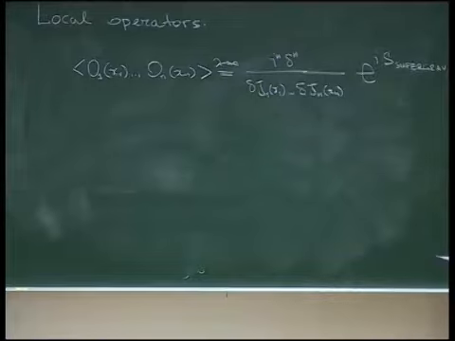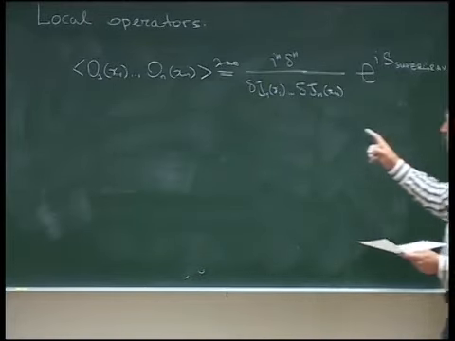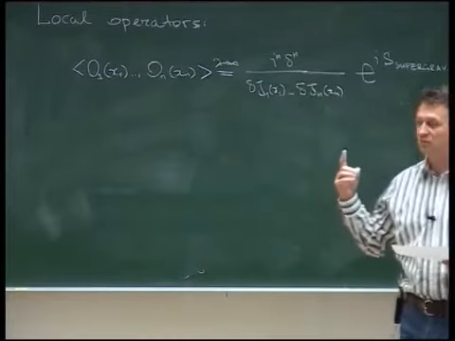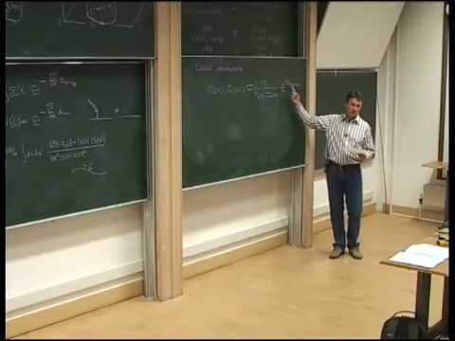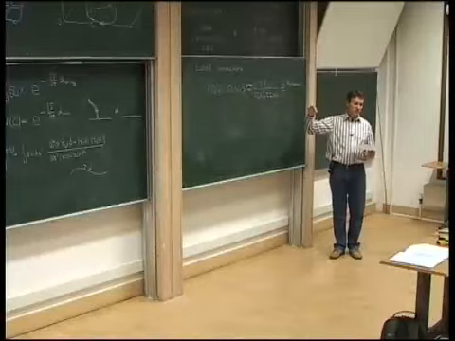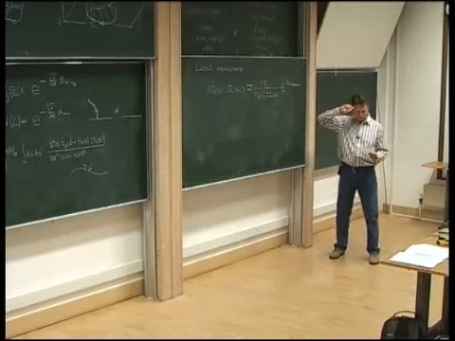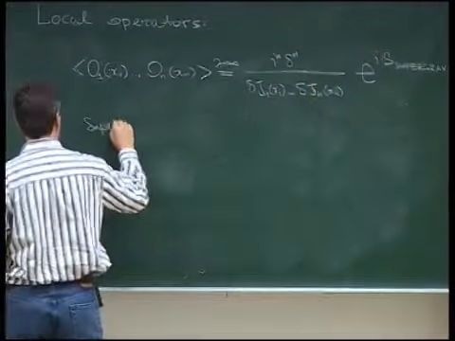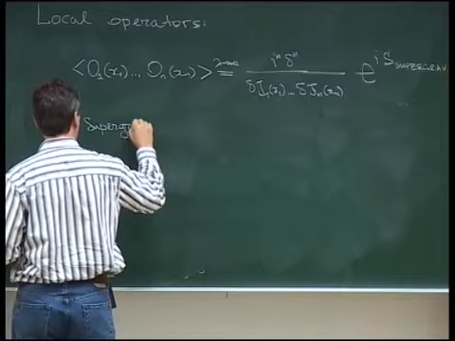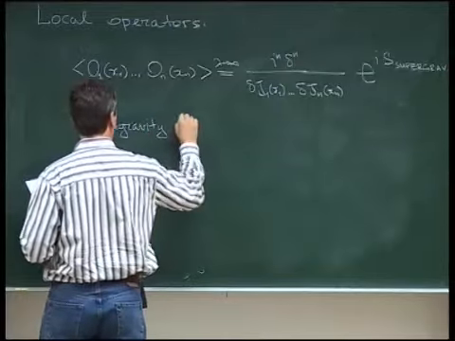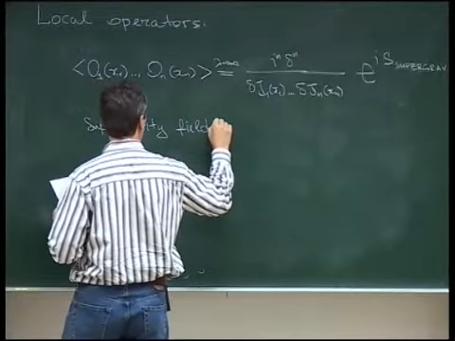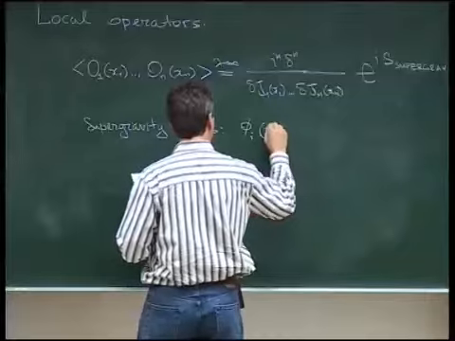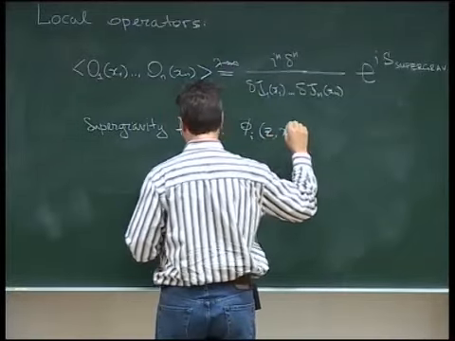So to calculate the correlation function of operators inserted in various points, one first needs to calculate the action of supergravity with certain boundary conditions on supergravity fields, which depend on z and on x.